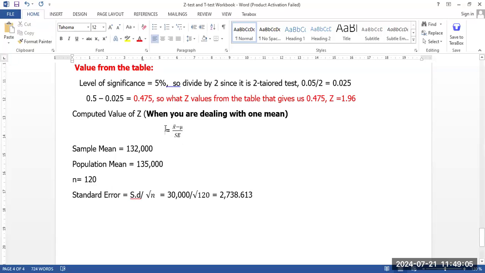We have everything now. We can substitute in the formula and get the answer.